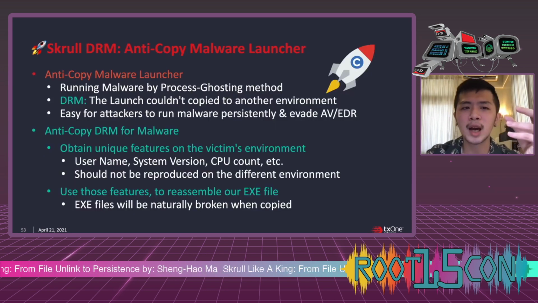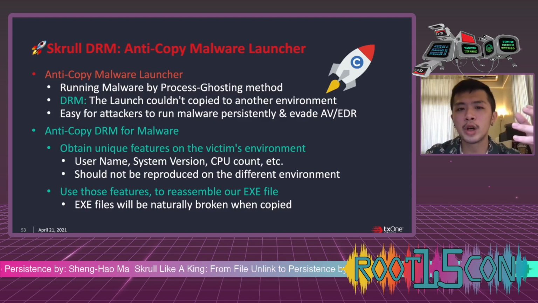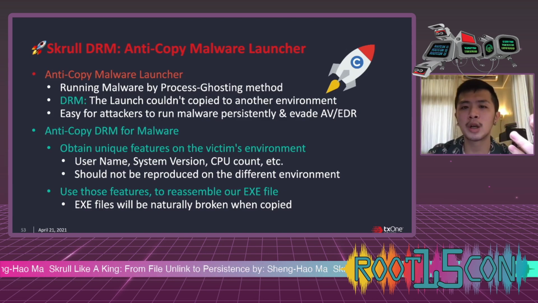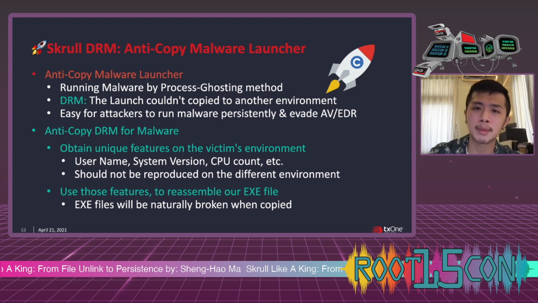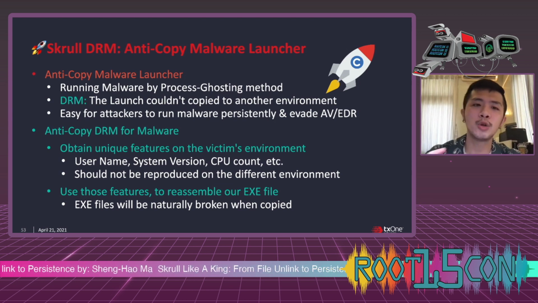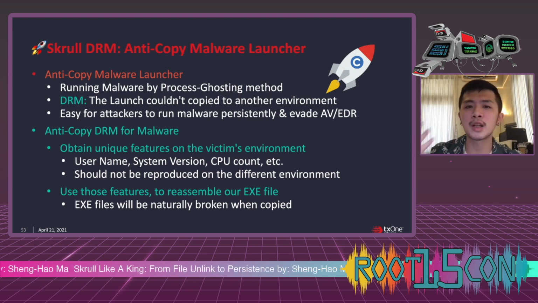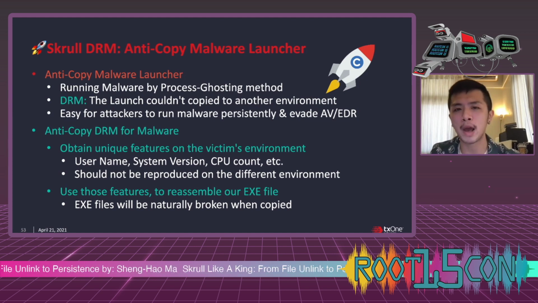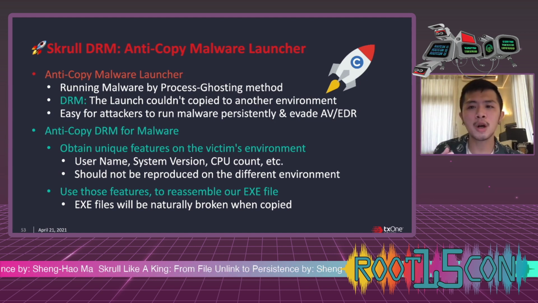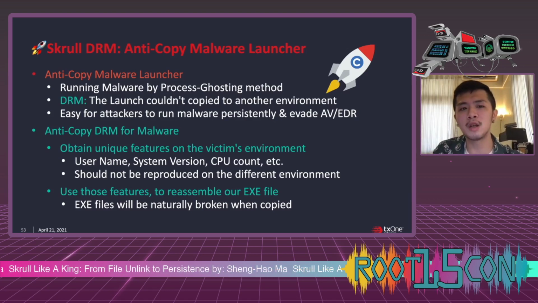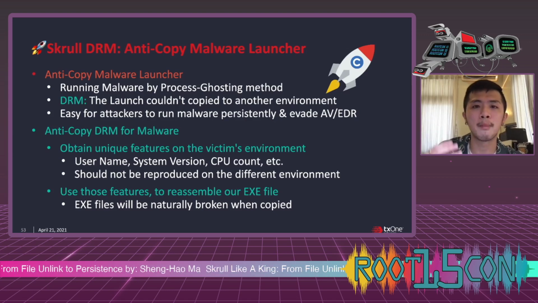So I designed Skrull DRM, which is a malware launcher to prevent sample submission. You can use this tool to generate a launcher. Use this launcher to run your malware. This launcher will do process ghosting to execute the malware sample and bypass antivirus scanning at the same time.